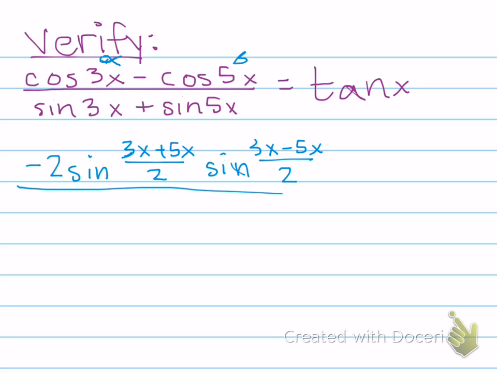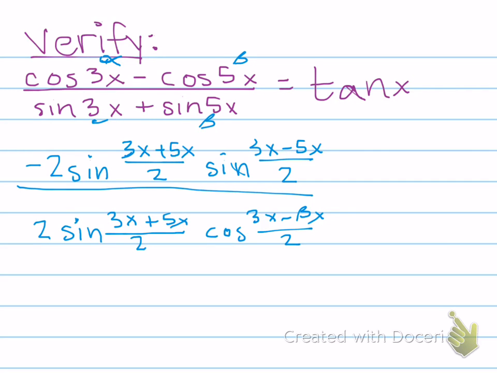And then in the denominator, I'm going to use the sine plus sine formula. So this one says 2 sine of alpha plus beta, so I have 3x plus 5x all over 2 times cosine of alpha minus beta all over 2.